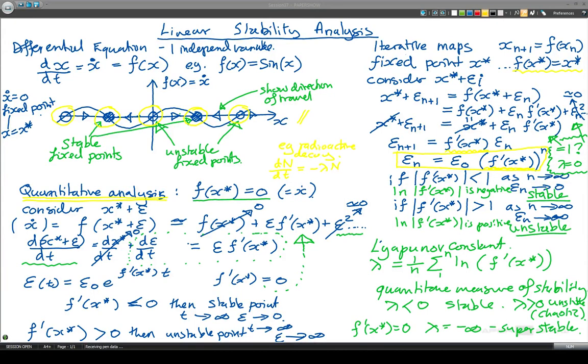And so this is really why, when we're taking an average for the Lyapunov constant, we want to take a sum of the logs.